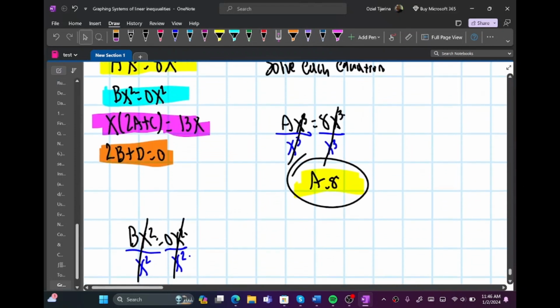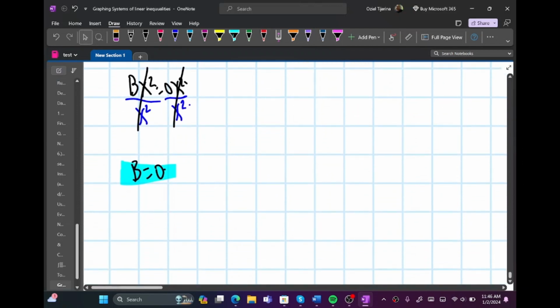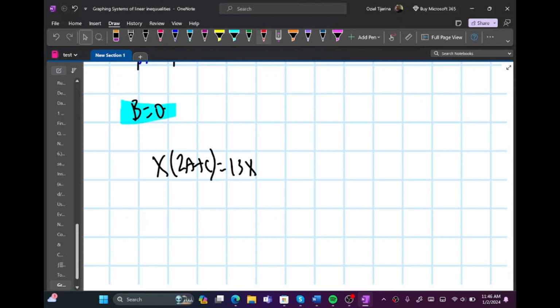And then we have x times 2a plus c equals 13x. Again, we're just going to divide both sides by x, because we need to make it an equation in terms of a and c.